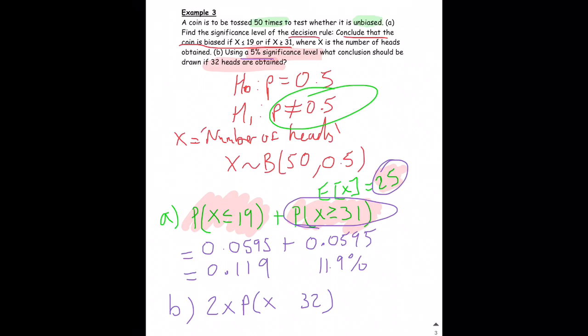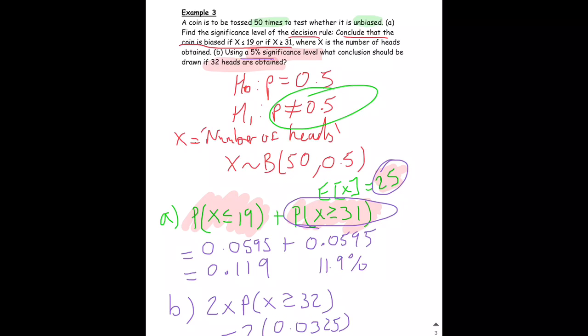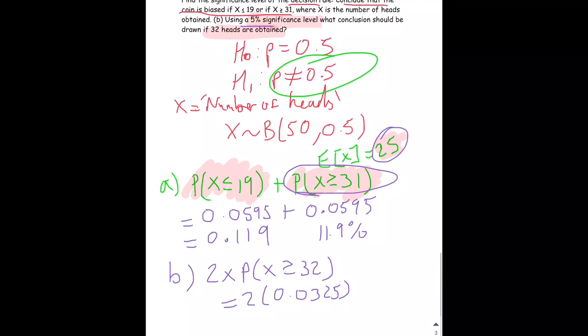I got 32, even more extreme, further away from 25. And that apparently comes out as 2 times 0.0325, I think, which ends up being 0.065, which is greater than 0.05.